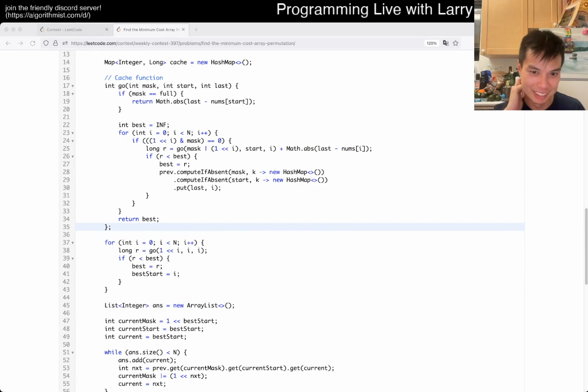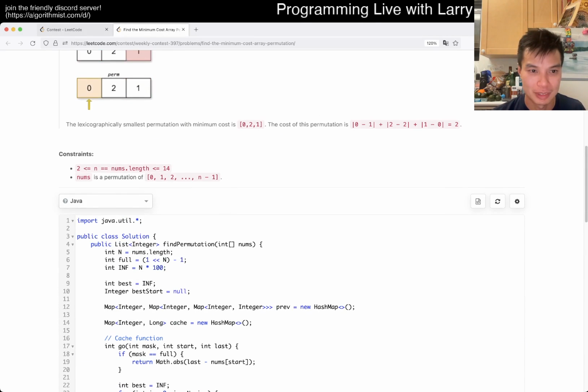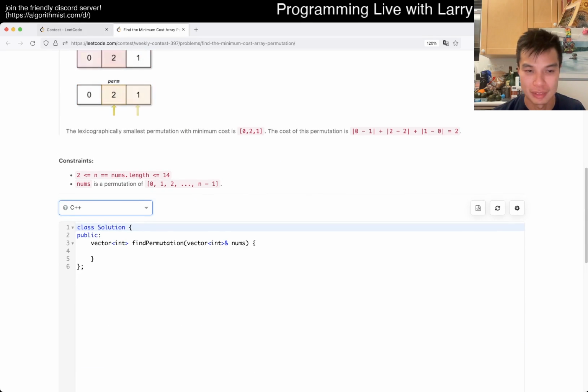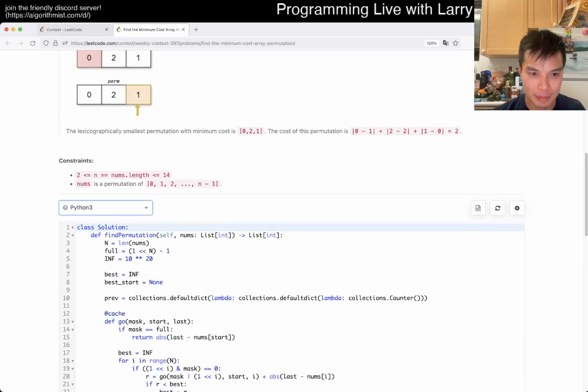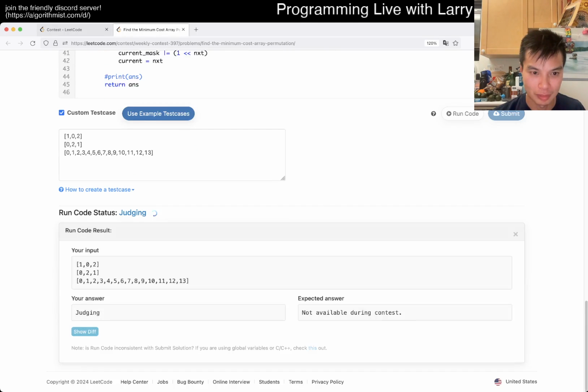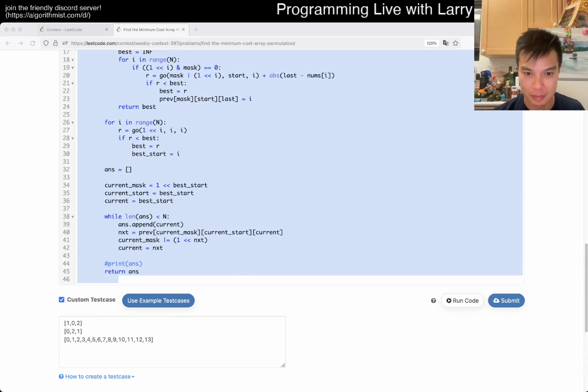Name it ChatGPT. All right. Let's see if C++ is better, but all right, let's make this. Does it have caching?